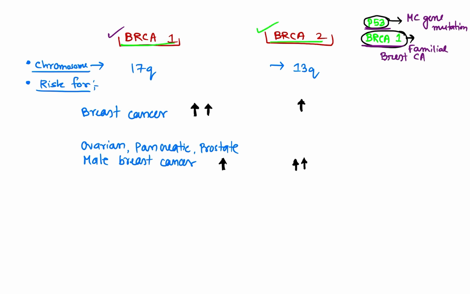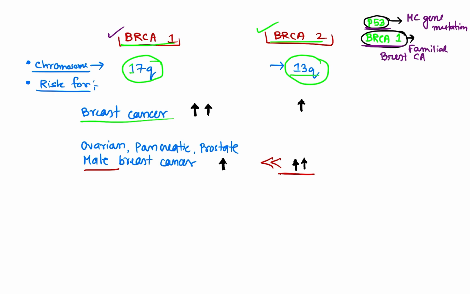BRCA1 is located on the long arm of chromosome 17q, and BRCA2 is on the long arm of chromosome 13q. BRCA1 is related mainly with breast carcinoma, but BRCA2 is mainly associated with male breast carcinoma. So male breast carcinoma is more predominantly seen with BRCA2 and female more commonly with BRCA1.